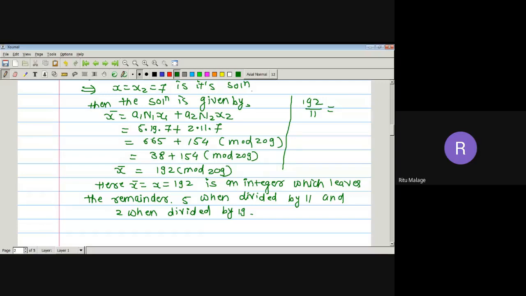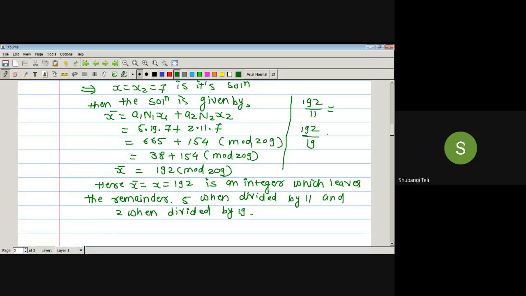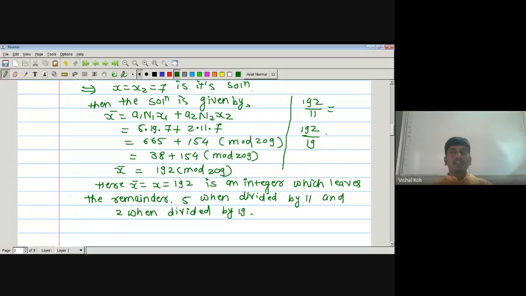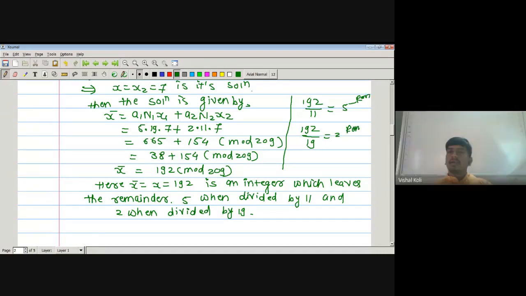Sure? Yes sir. And when 192 is divided by 19, 2 is the remainder. Therefore the cross verification is done.